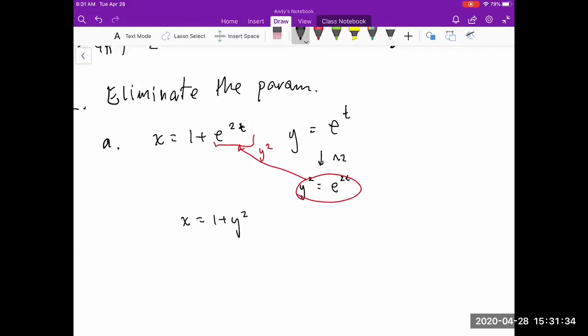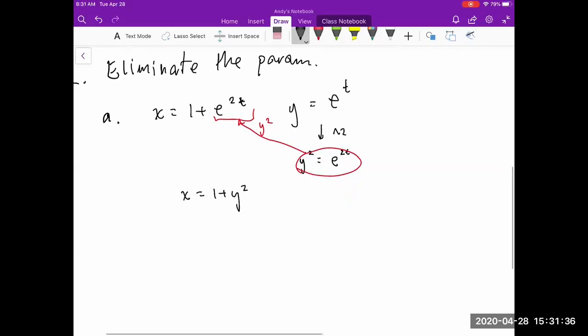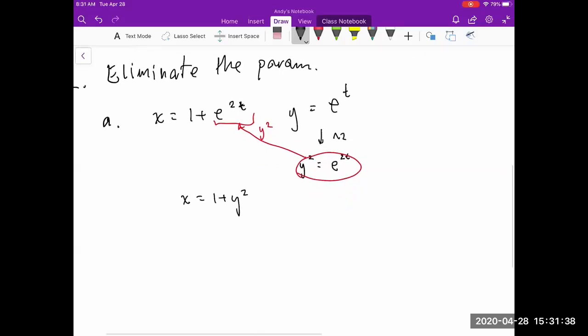We've eliminated the parameter. And in fact, if you solve for y, you go y is equal to plus or minus the square root of x minus 1. All I'm doing there is subtracting 1 to the other side, which gives y squared is equal to x minus 1. And then when you square root, you get plus or minus the square root.